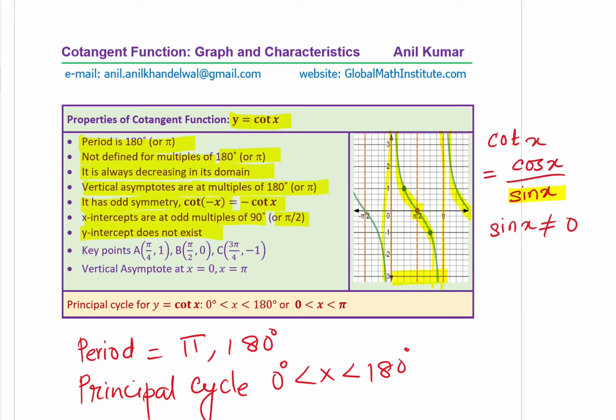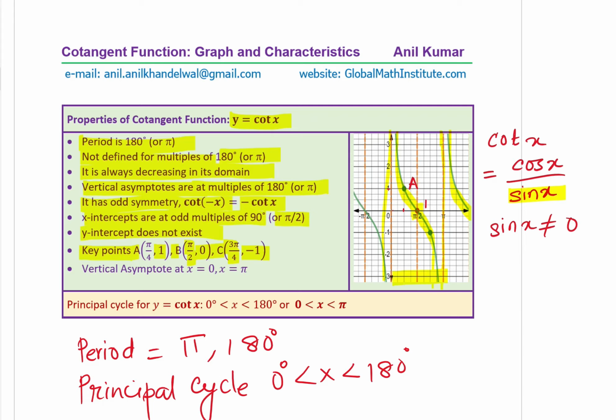Now, it is important to understand that the key points which we are going to take up here, as we took also for tangent function, will be a at pi by 4, 1, b will be pi by 2, 0, and c will be 3 pi by 4, minus 1. So let me highlight these points here. We're talking about a, which is at pi by 4 and the y value is 1.